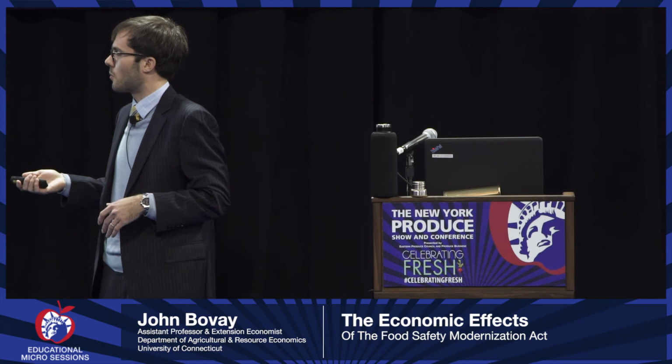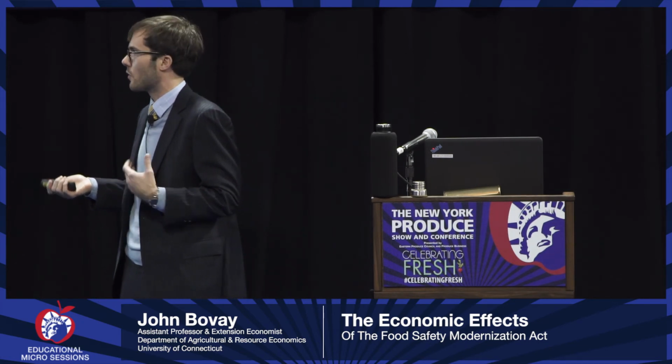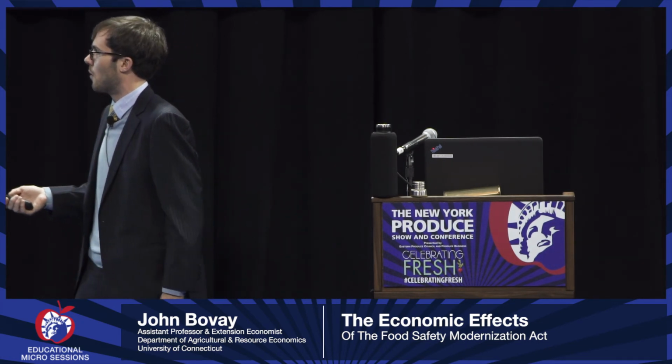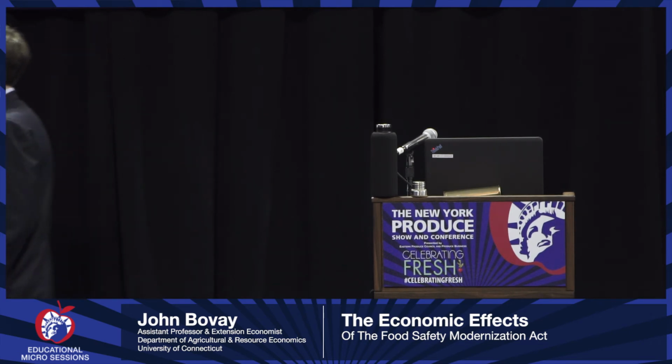Here again are our preliminary results on the pass-through of costs to retail by commodity. So down at the bottom you can see this is for fruit. The average farm cost for fruit is going to be about 2.8%.